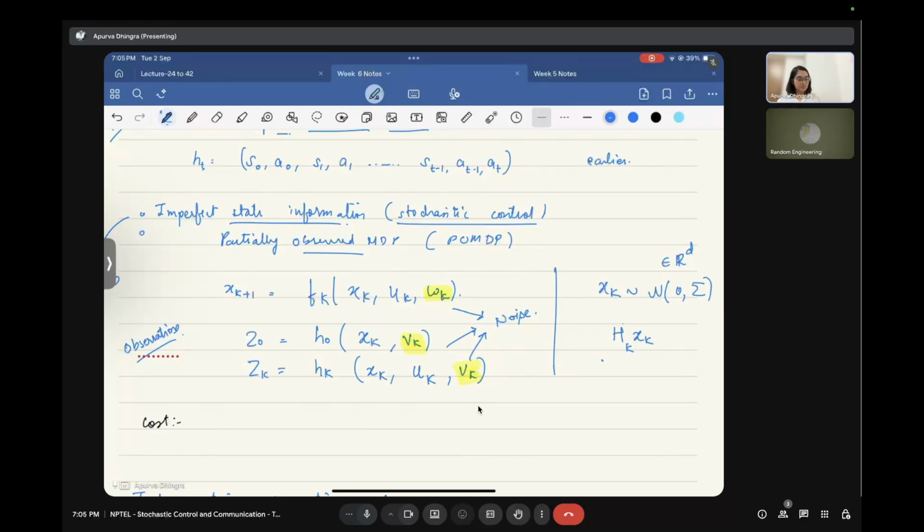So this HK might be some n cross d dimensional matrix, and I'm assuming that HK is not invertible. I did not add any noise. All I am doing is transforming whatever realization I got. But I can't recover it anymore.